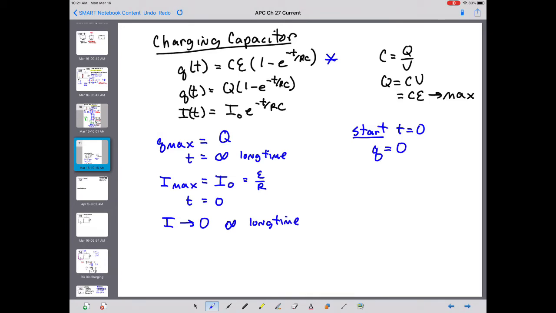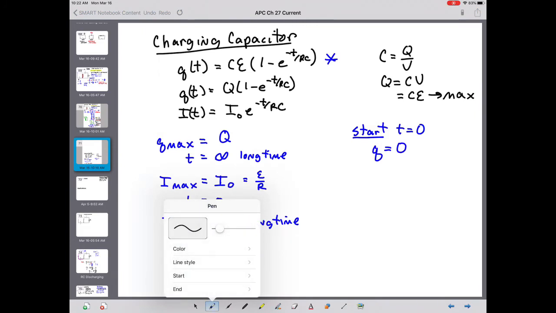So you start with high current, you end with low current, you start with low charge because it's not charged up, and after a long period of time you approach fully charged. So it approaches it as an asymptote.